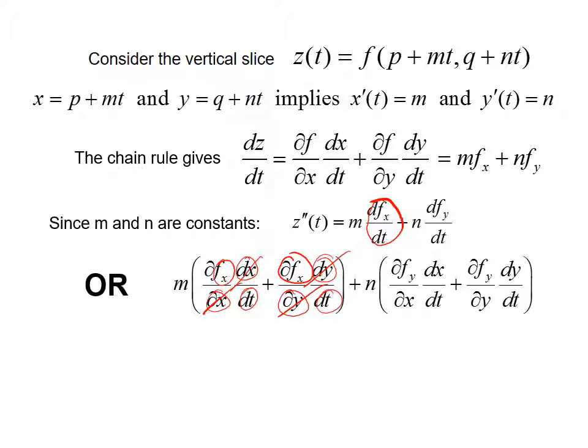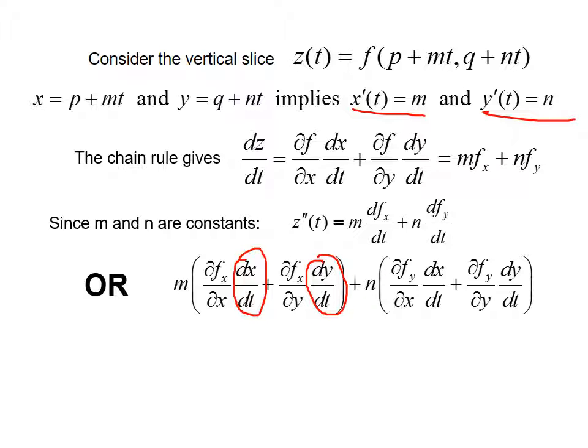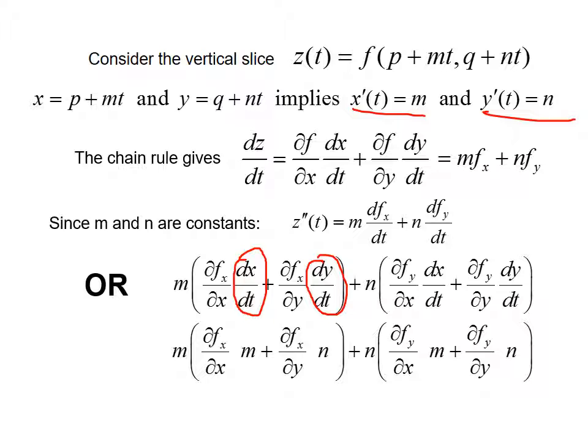So that's how we get the derivative of f sub x with respect to t. Now all of that just means here's dx dt, which again is m. Here's dy dt, which is n. So let's replace all of those and then multiply that out.